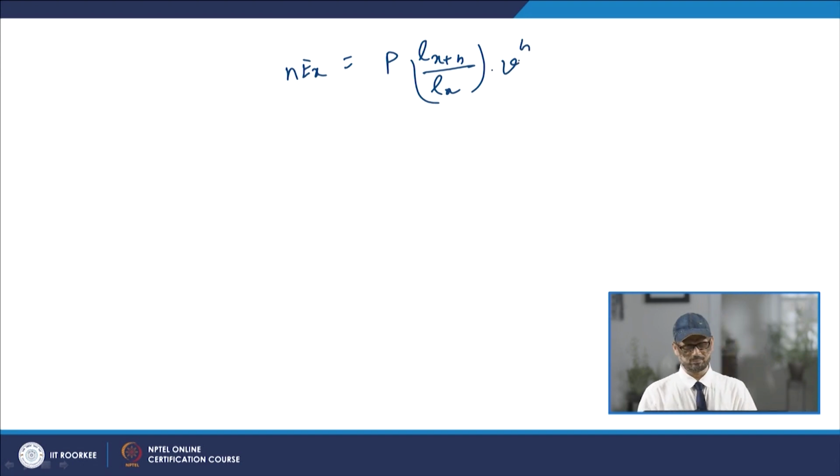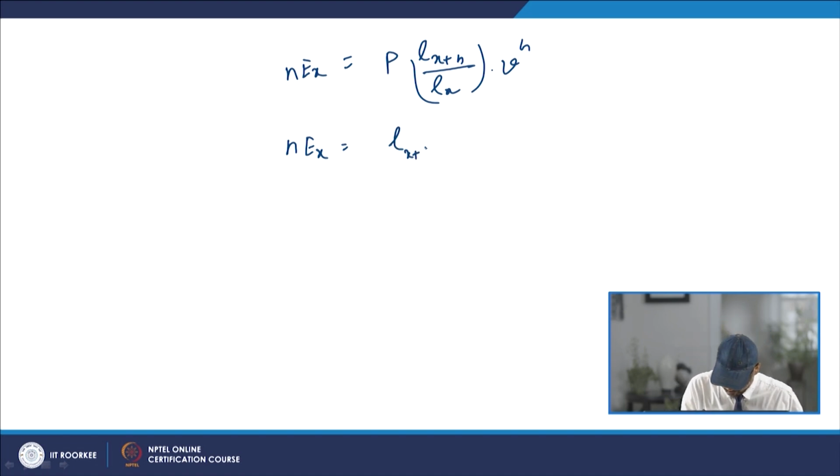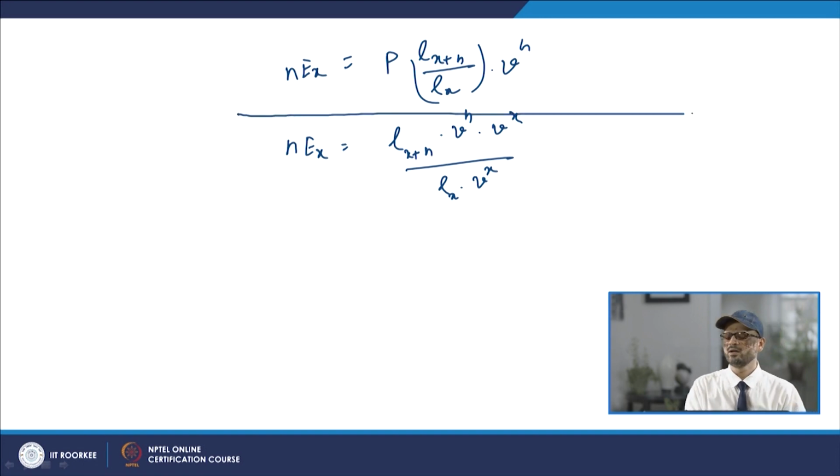Now it can be written as lx plus n into v^n into v^x divided by lx into v^x. We are not taking P at this time.